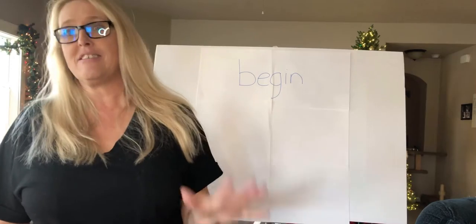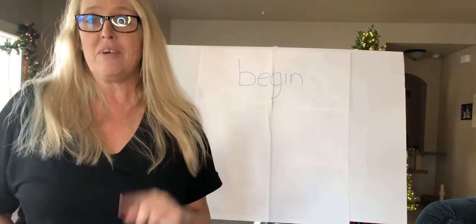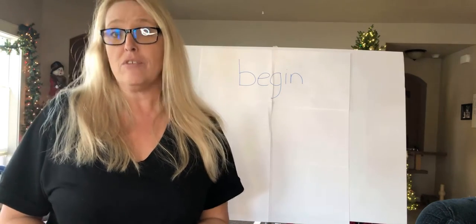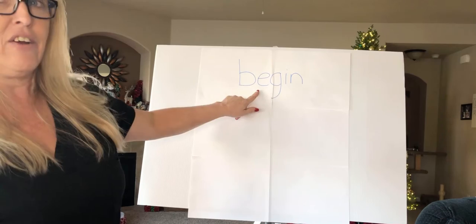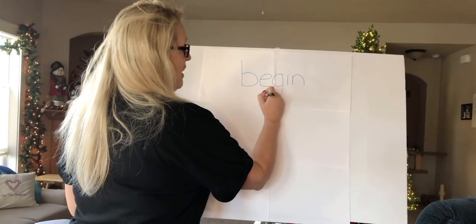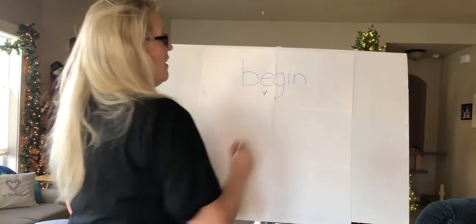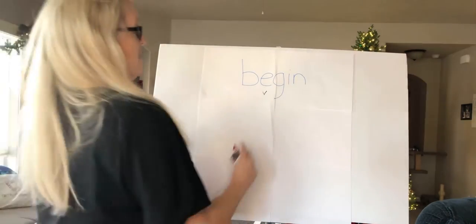There are 6 steps, and we're going to walk through them one at a time. The very first step is to identify our vowels. Our very first vowel in the word is the letter E. Under the letter E, I'm going to write a V for vowel. And our very next vowel after that is the letter I. And so that is a vowel.